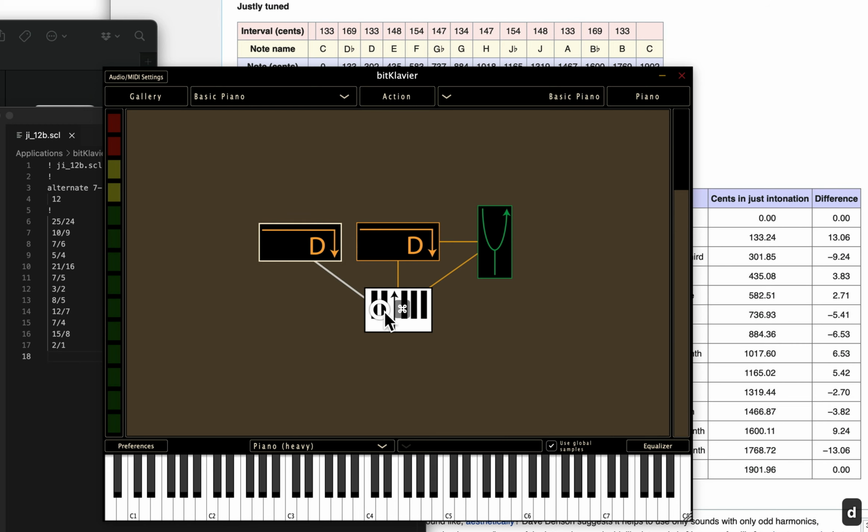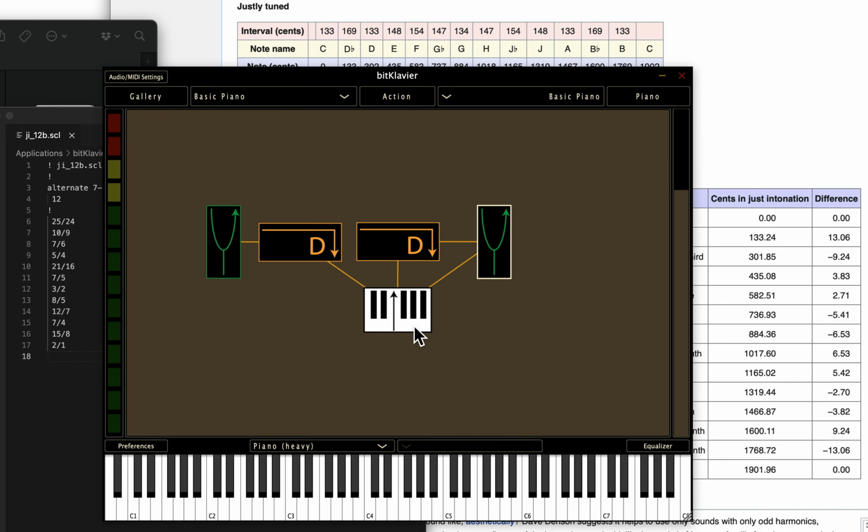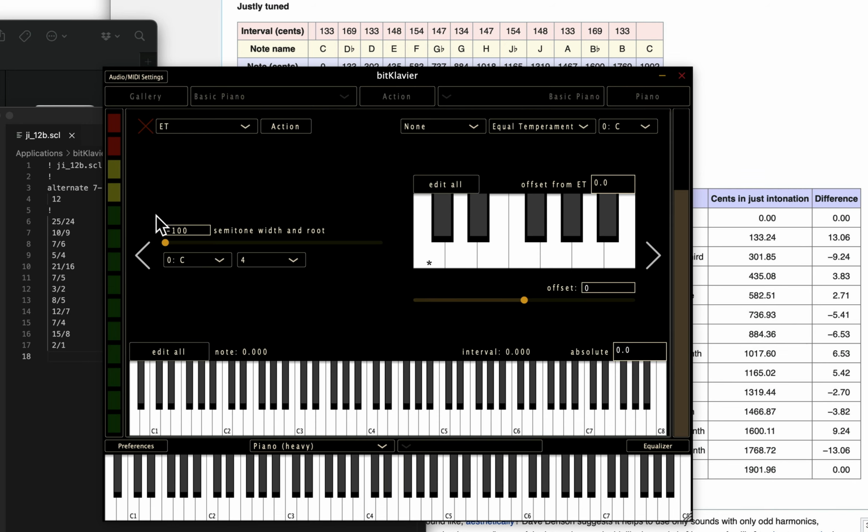One of them will have a regular tuning attached that will go up, and the other one will have this one. And I'll play just with one hand an ascending scale. So it's one hand, just playing one scale, and I get that nice mirroring, that nice spread there. So some fun things you can do just with semitone width and root.